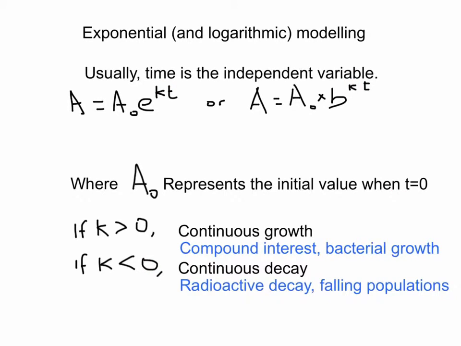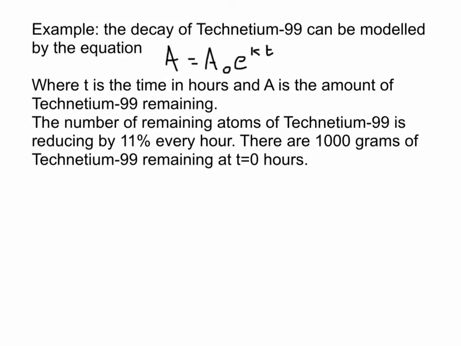And examples of continuous growth would be compound interest, when you save in the bank and you don't touch it, or bacterial growth, and continuous decay could be radioactive decay or falling populations. Here's our example.